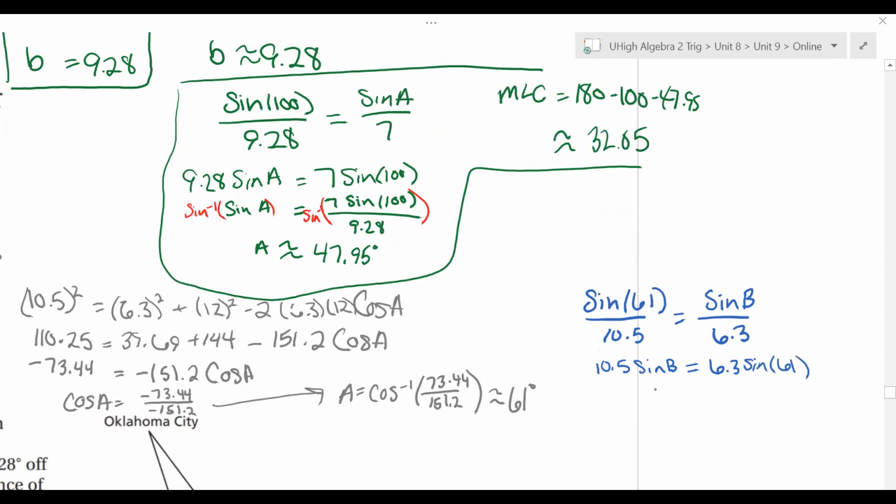Divide both sides by 10.5. So 6.3 times the sine of 61 divided by 10.5. Do the inverse sine of both sides and find that B is approximately 32 degrees.